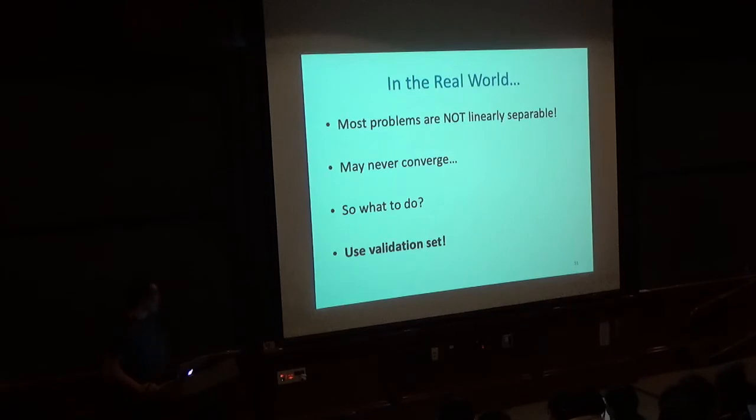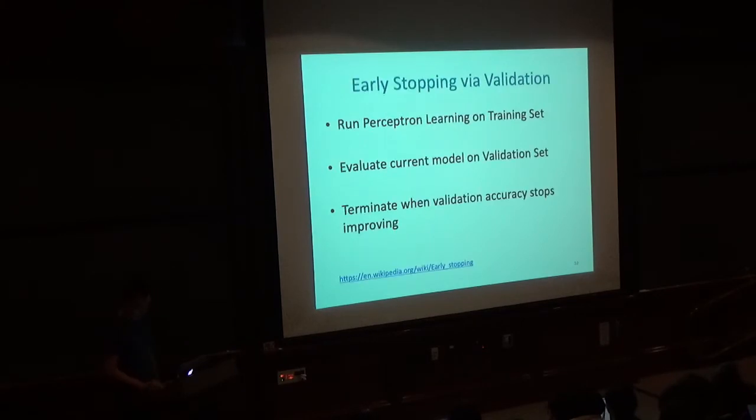Well, the standard thing that people do is they use a validation set. What does that mean? The one thing is to do what's called early stopping via validation. Early stopping is a very popular thing that people do in machine learning in practice. So we run the Perceptron algorithm on a training set. We have a separate validation set.